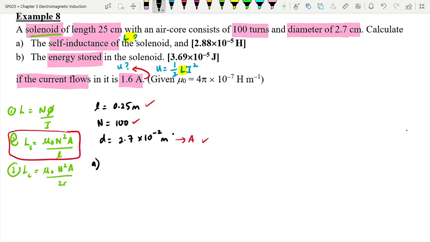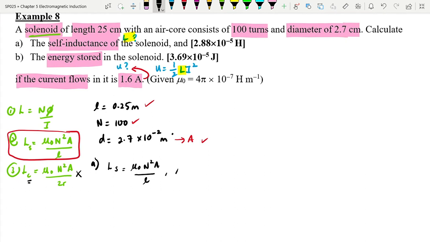Okay, formula number 2. So L solenoid, mu naught N square A over L. Of course formula number 3 ni tak boleh sebab ini adalah coil, bukan solenoid. Dan macam mana nak cari area? Apa cross-sectional area bagi solenoid? Kalau solenoid, kita akan bayangkan inductor tu sebenarnya wire je.